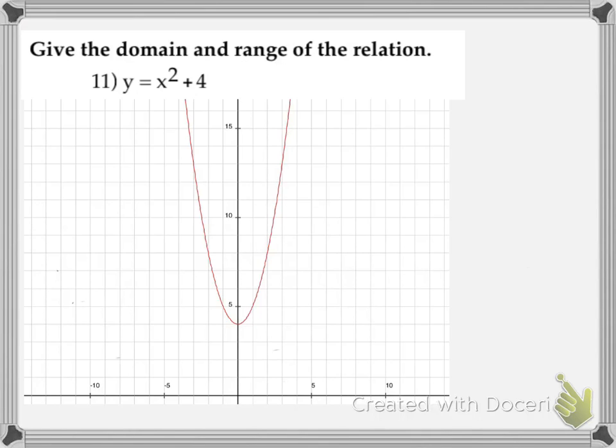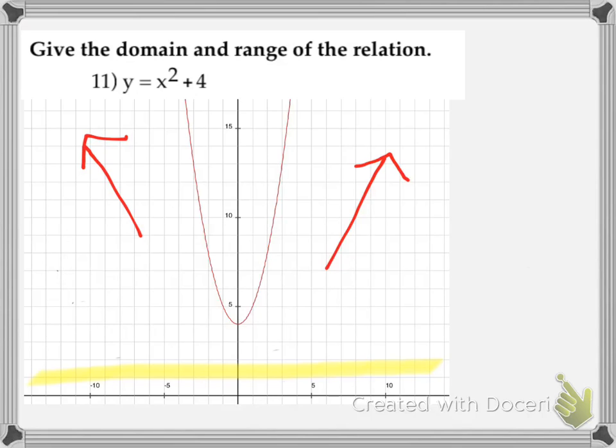So the domain is the set of possible x values. So remember, x goes from left to right. Well, notice that my function is going to continue going on and on and on. Yes? It's going to go out this way, and it's going to go out this way.